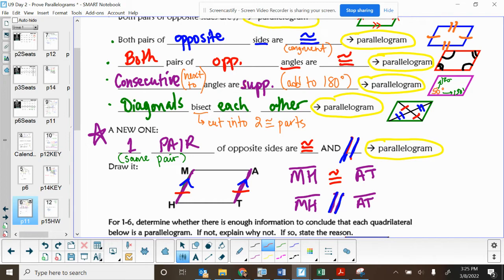So what happens if we don't choose the same sides? So I'm going to go to a new page and then I'll come back to this.